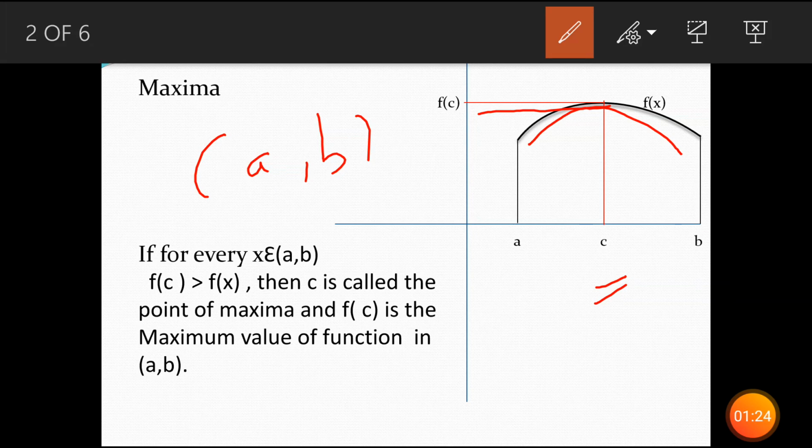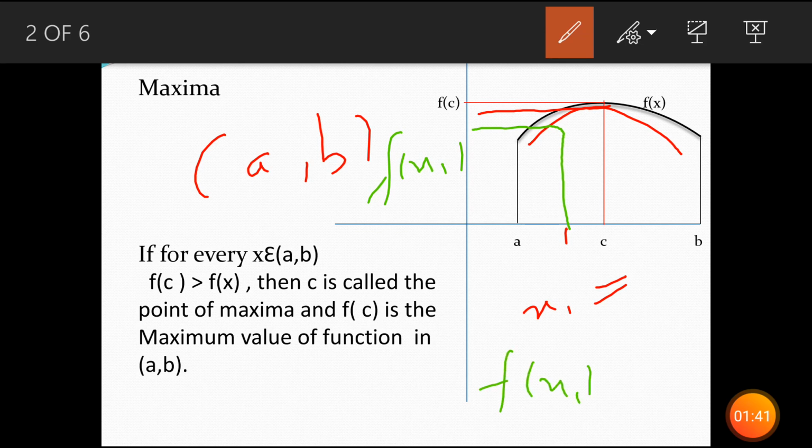So c, then f(c). If we consider any other value, like suppose x1 here, and if you draw it, you will get f(x1). Clearly you can see that f(x1) is less than f(c).